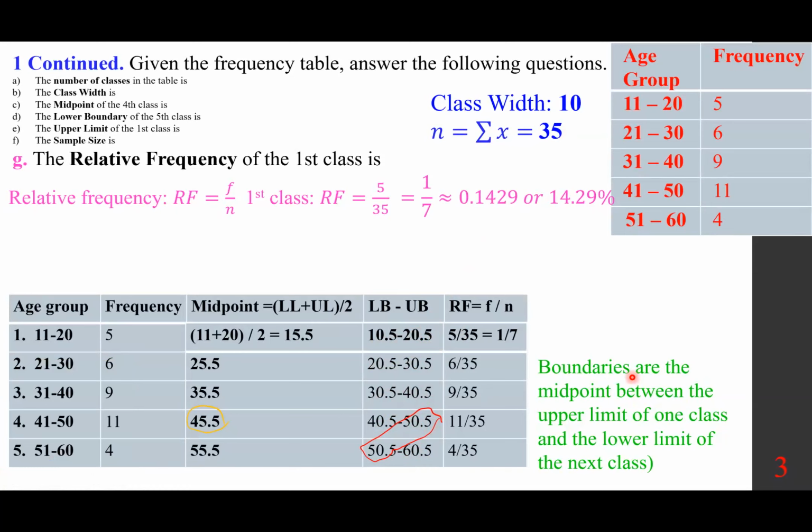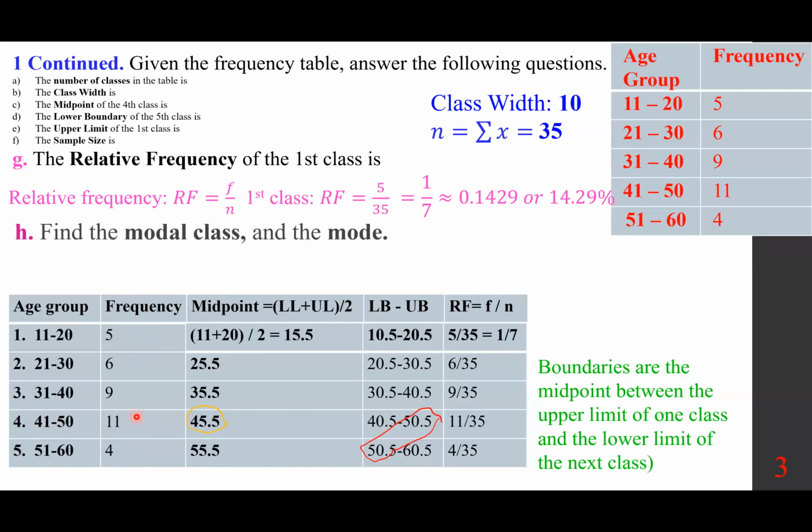So that's why I wanted to remind you about the boundaries, which is the midpoint between the upper limit of one class and the lower limit of the next class. Find the modal class and the mode. If you recall, mode means the highest frequency of occurrence. So basically, which one has the highest frequency? This one.